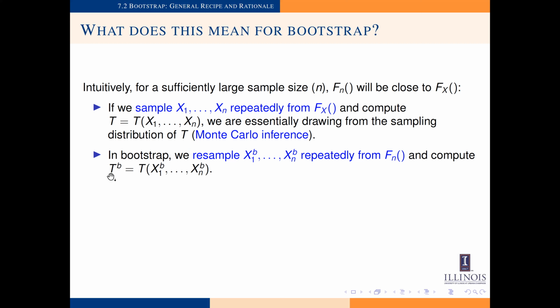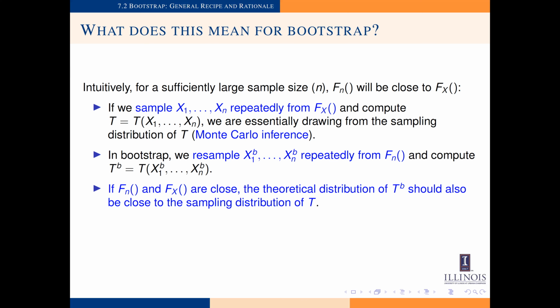And we compute our Tb, which is evaluated at X1b all the way up to Xnb, which are resamples from the empirical distribution. So you can see that the only difference between Bootstrap and Monte Carlo inference is whether we draw the X's from the theoretical distribution Fx or from the empirical distribution Fn.